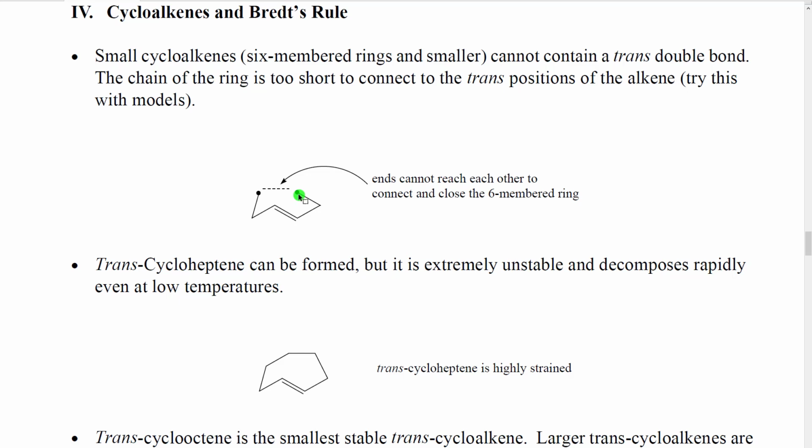They're just too far apart. We see that this is the case for 6-membered rings and smaller. You just cannot form that ring. If you try to do it with your model kit, you will see that it just puts an enormous amount of strain and they won't be able to be bonded together.